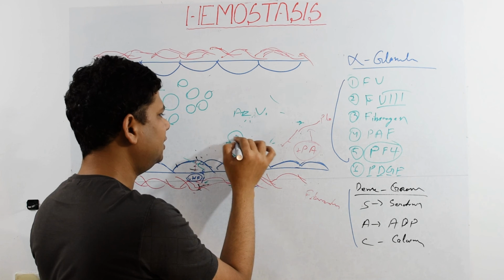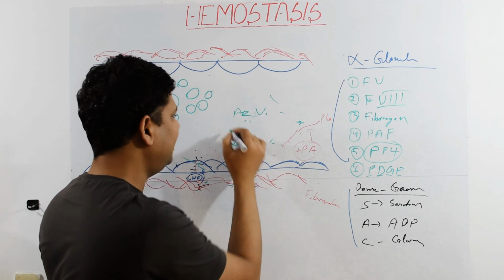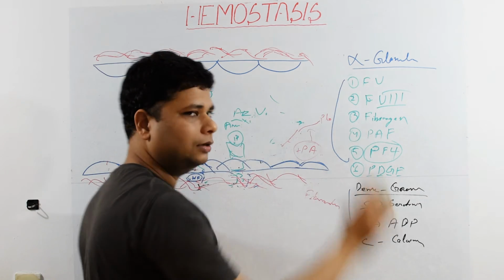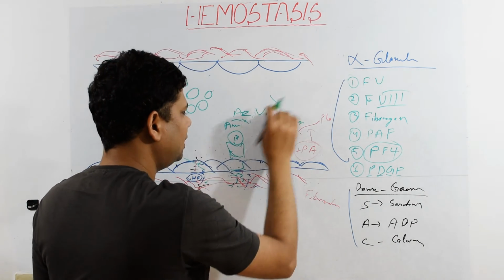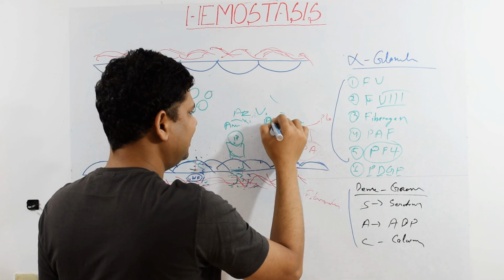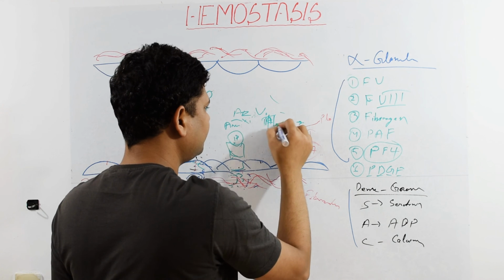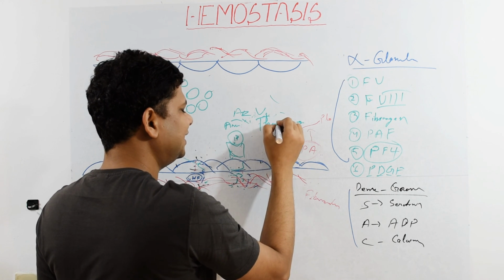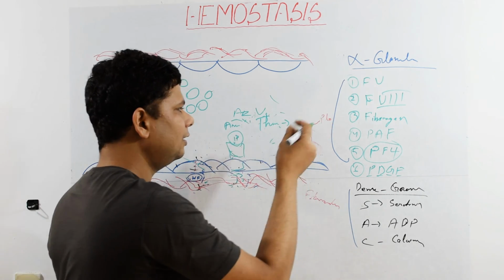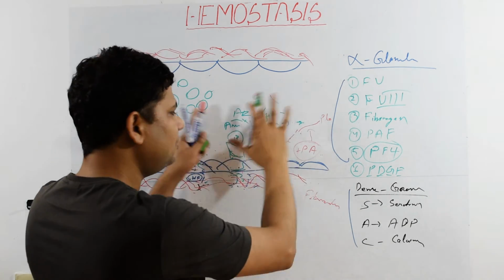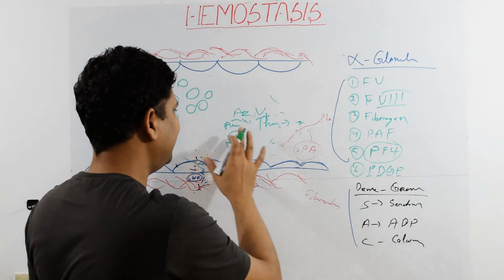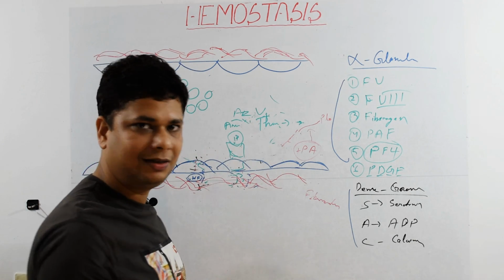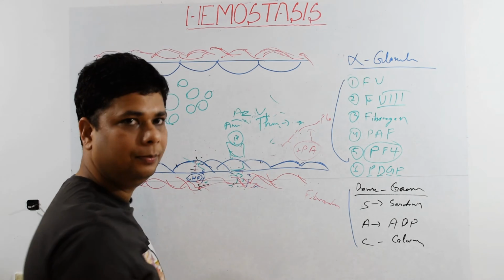PF4 will bind here, and they will inhibit the binding of antithrombin. Antithrombin cannot deactivate thrombin. So now the thrombin is active, and the thrombin will activate fibrin, and they will make clots. So that is the basic mechanism of how the AstraZeneca vaccine is activating clots.